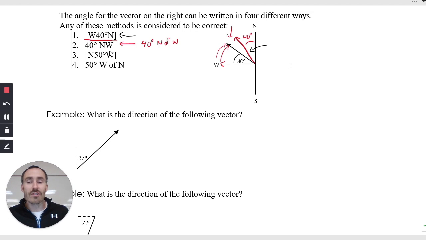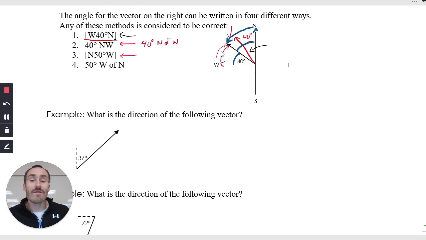The other two are just other versions of the same thing. So this one over here, north 50 degrees west, we started measuring from the north over here, and we measured it 50 degrees toward the west. And if you know that this whole quadrant here adds up to 90 degrees, then if this bit is 40 degrees, then this bit is 50 degrees.